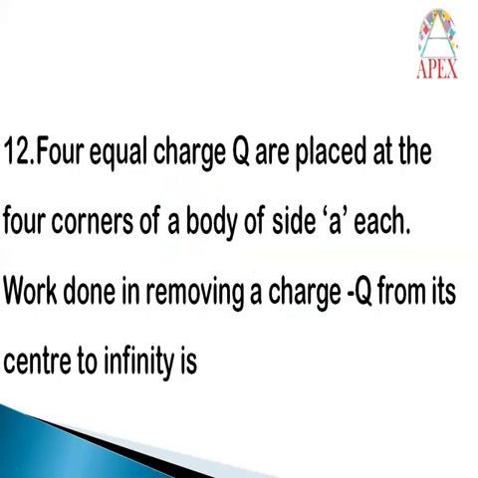Now, question number 12. 4 equal charges plus Q are placed at the 4 corners of a square of side A each. Work done in removing a charge minus Q from its center to infinity.